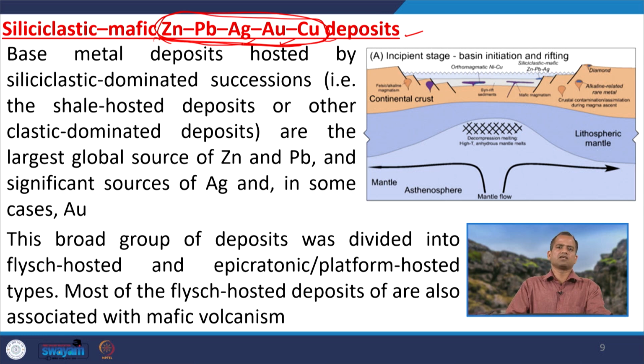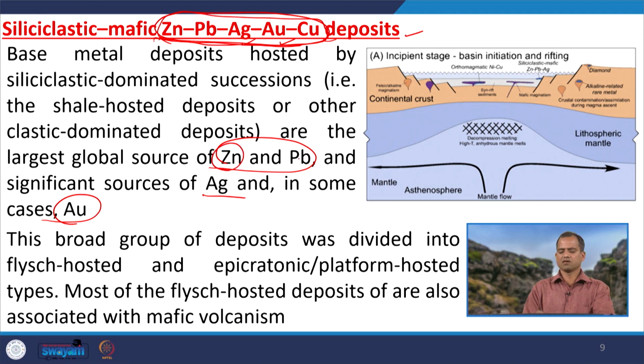So, base metal deposits hosted by siliciclastic dominated successions, that is shale hosted deposits or other clastic dominated deposits, are the largest global source of zinc and Pb and a significant source of Ag, and in some cases Au. Now you see how many minerals we are getting: zinc, Pb, Ag, Au, all these minerals at the rift initiation stage.